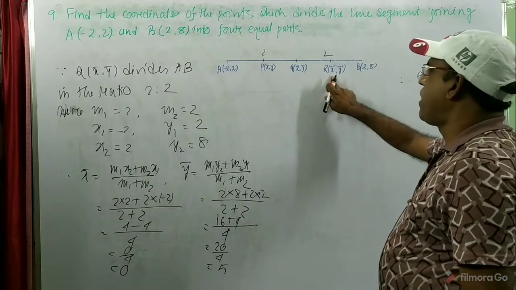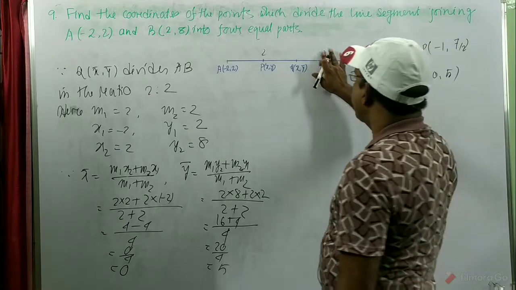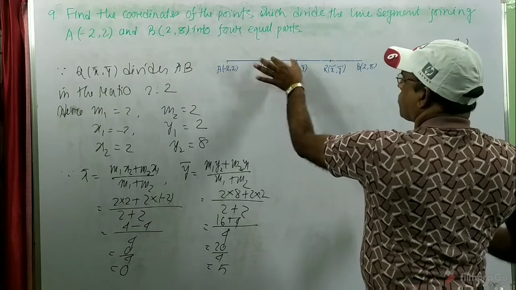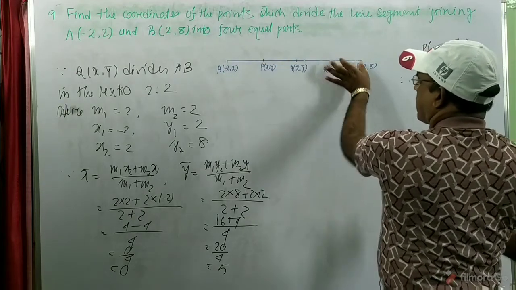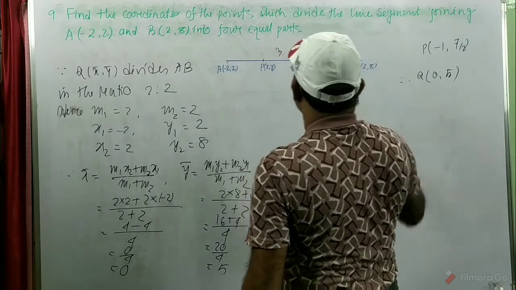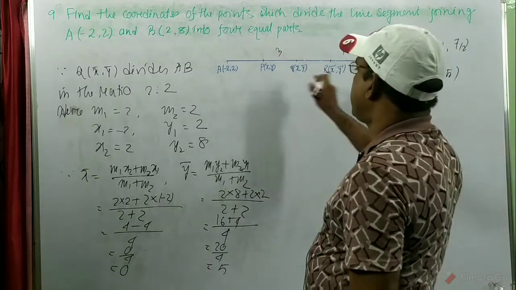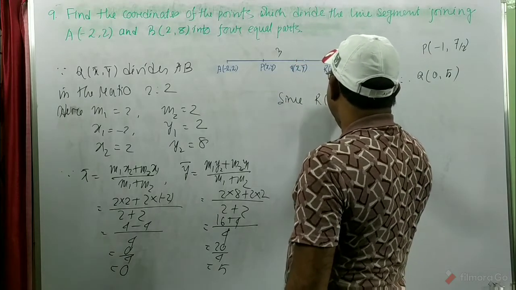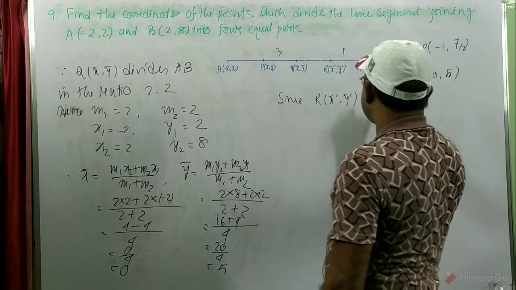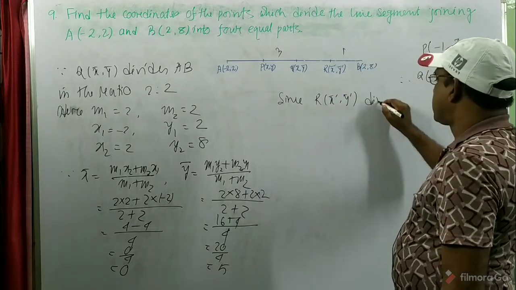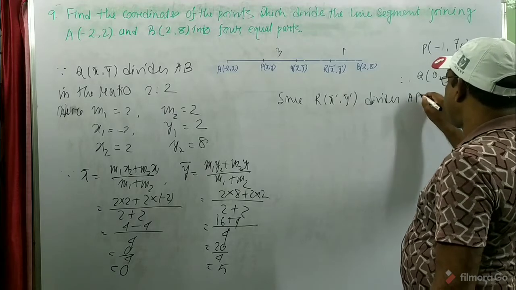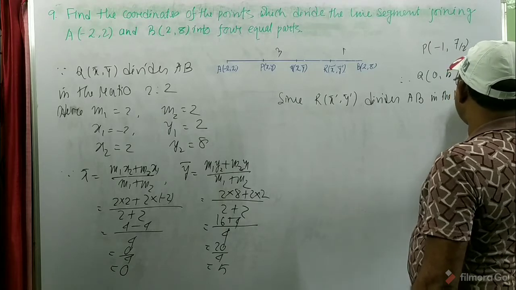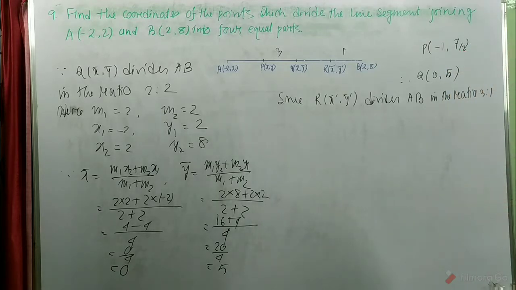Next our target is to find R. When you have to find R, then this R is here, then 1, 2, 3, and this is 1. That means 3:1 ratio. R divides AB in the ratio 3:1.